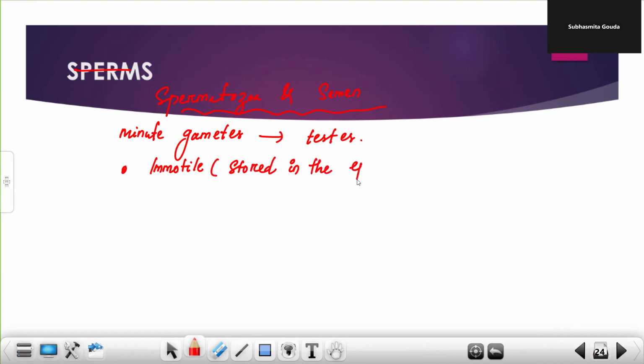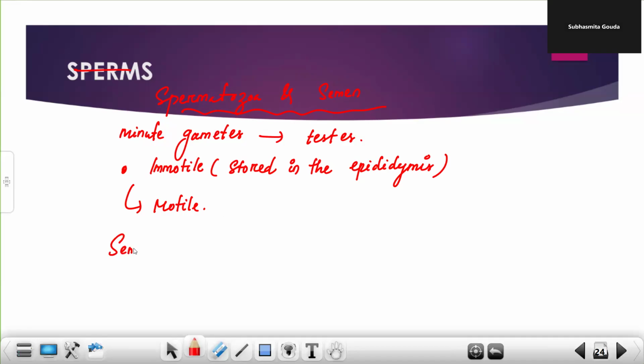But it gets activated and converts into the motile form by the secretion from the accessory reproductive glands in the male. After that it will be motile. The secretion of the various accessory glands along with the sperm is called semen.